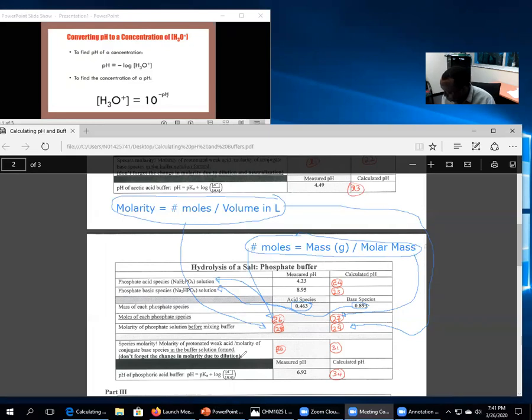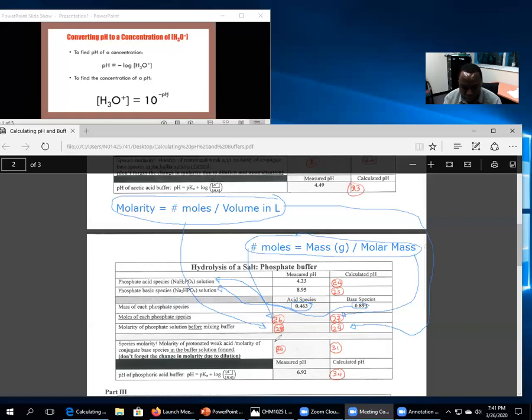If you look at the directions, part C, to prepare the buffer solution, you have measured the pH of the solution and recorded it in the data sheet, all right? This is the measured pH of the buffer solution.